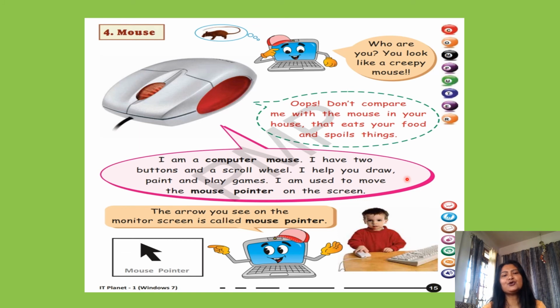So I can show you, I can point things, I can tell you this is a mouse, this is a computer monitor, it's a laptop, okay, this is a child, this is a boy, this is a mouse pointer. So all these things the mouse is helping me to do.